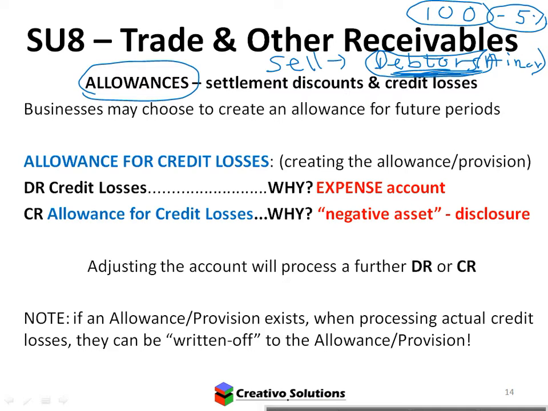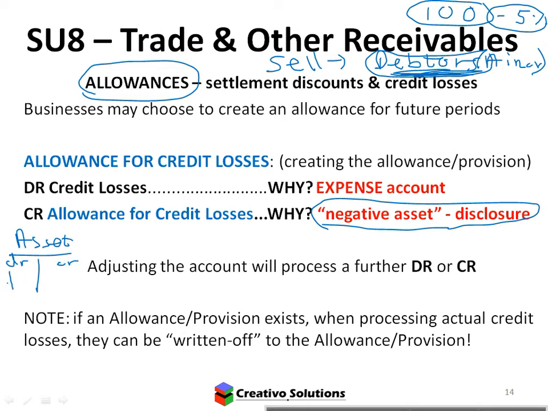If I'm looking at an allowance, what type of balance would an allowance have? Well, here's the note: negative asset. You know from your rules that an asset has a debit and a credit. The asset rule is plus on this side, minus on that side. Am I looking at an asset?